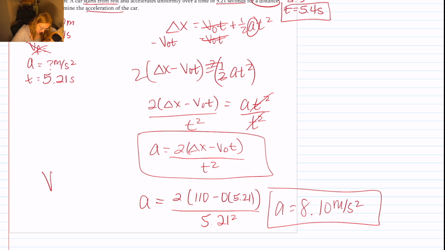It started from rest and it accelerated uniformly over time. Well, we weren't really given any information about our velocity, so I guess I can't check for reasonability, but we would assume the velocity is increasing positively, our acceleration is positive, so it should speed up. And that's what it says. It starts from rest and accelerates over time. So it's a bit hard to check for reasonability on this one, but seems reasonable enough.